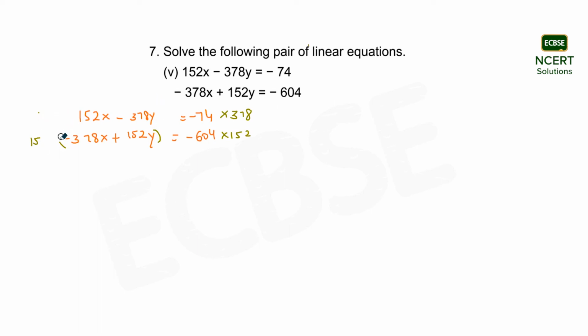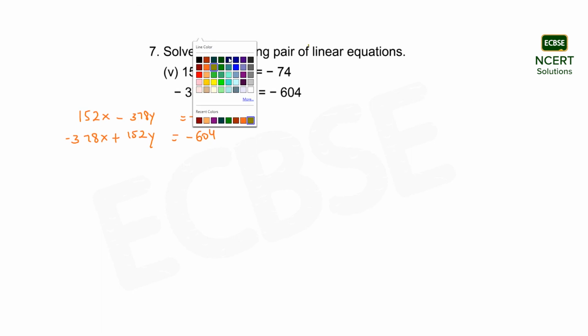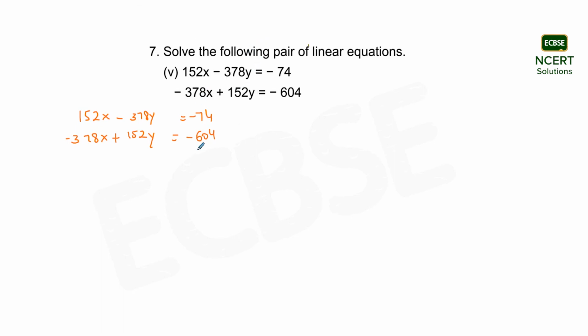So the new method is, whenever such cases arise that involve such large numbers, instead of using the standard elimination method, or the cross multiplication method, or the substitution method, we can use this method. This is very easy and you can quickly get the answer.